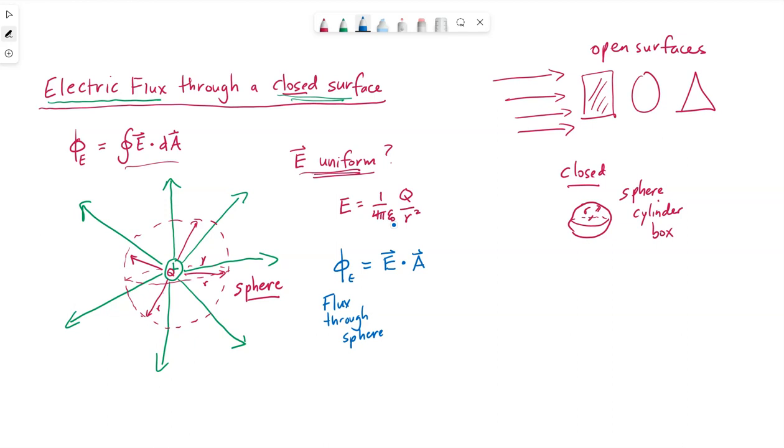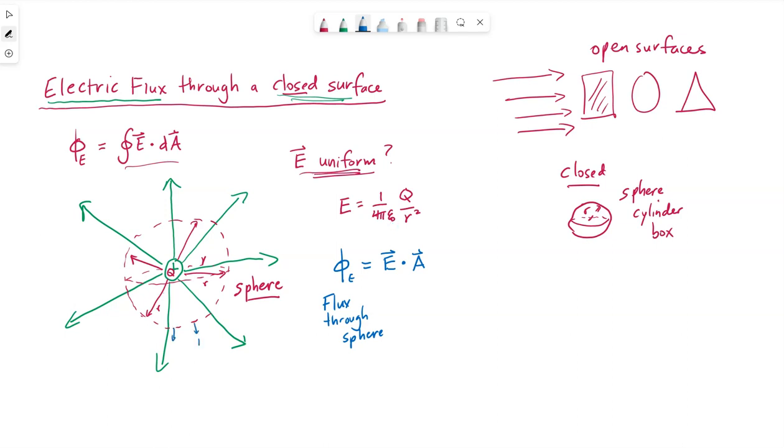Now the dot product. We already know the electric field is pointing radially outwards. The area vector for a closed surface always points normal to the surface, and it specifically points outwards.